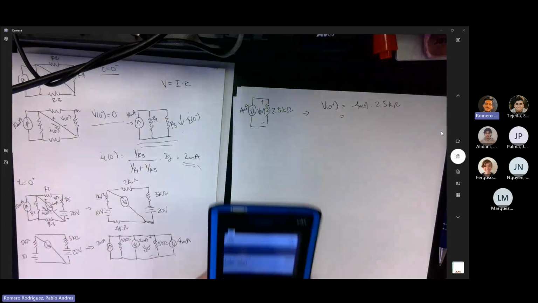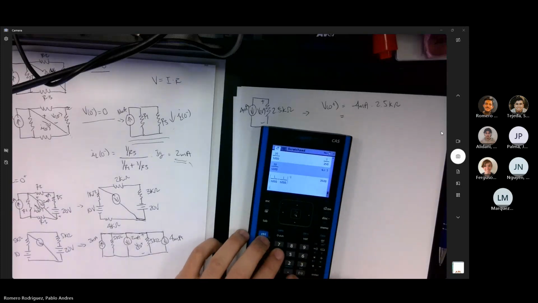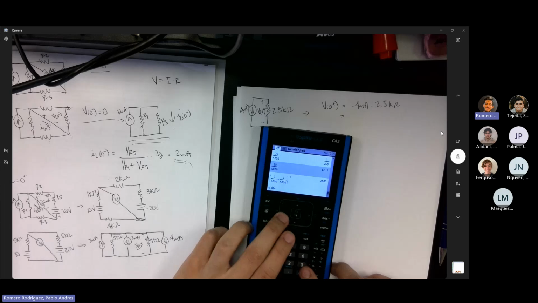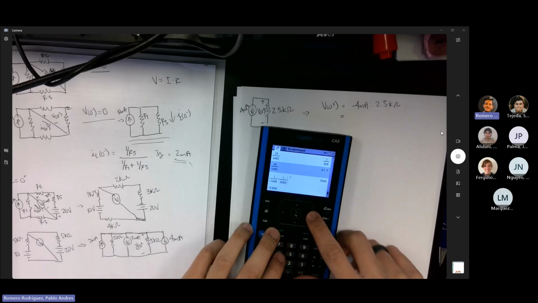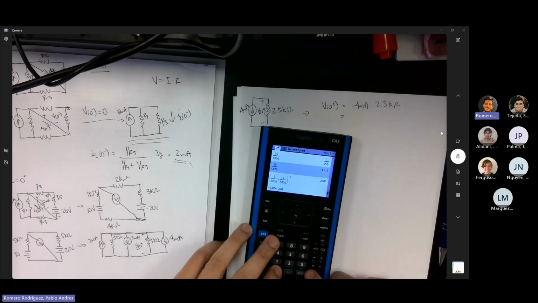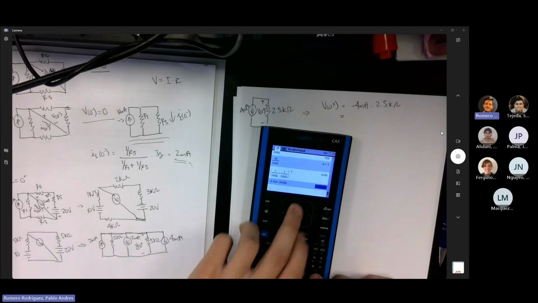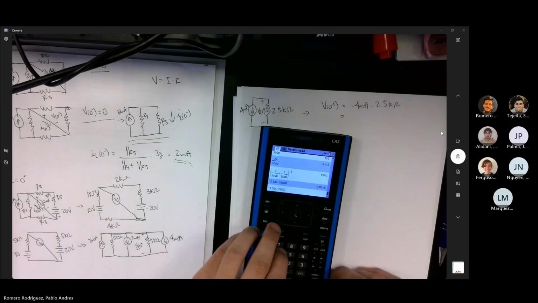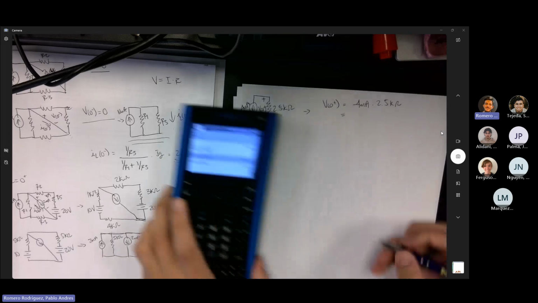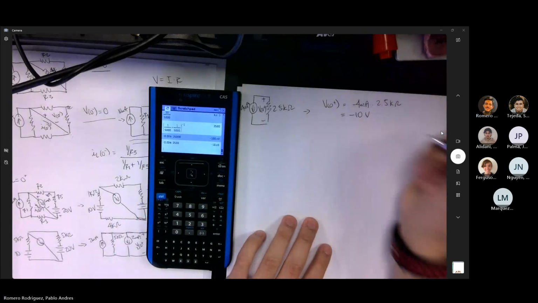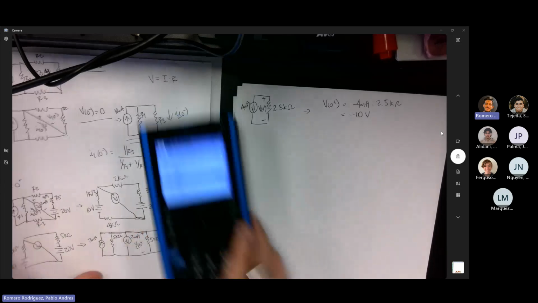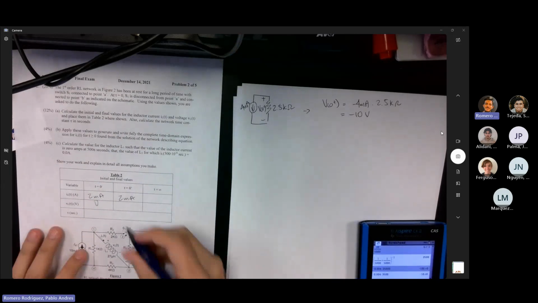Which is, I have it here, negative that guy times 2,500. Oops, one too many zeros. -10 volts.